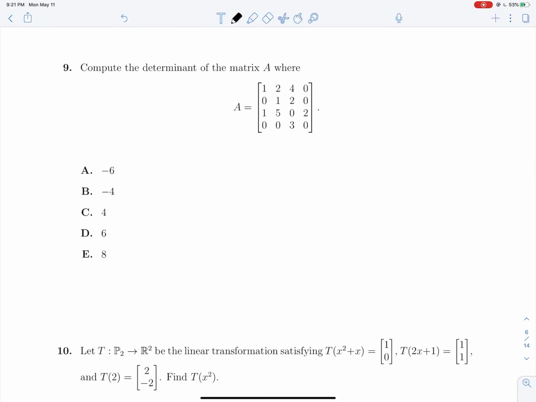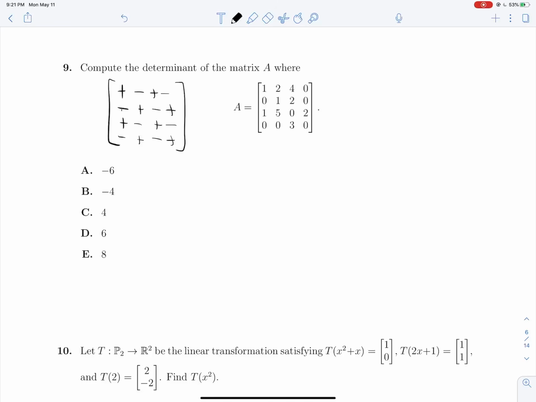Okay, kind of scary determinant, except it's not that scary for number 9. Let's write down this little tool that'll help us in a second. Plus, minus, plus, minus, minus, plus, minus, plus, plus, minus, plus, minus, minus, plus, minus, plus. Okay, so how are we going to use this?